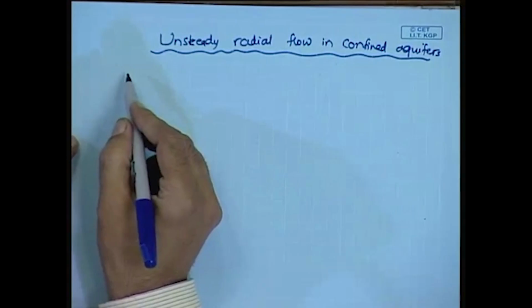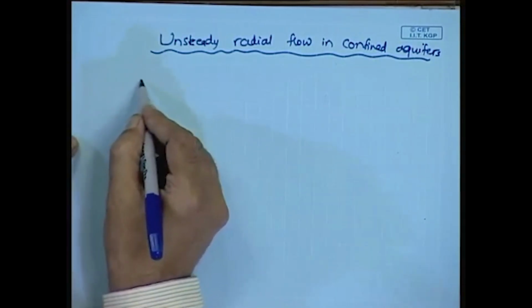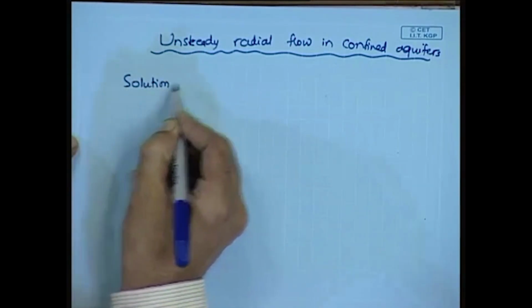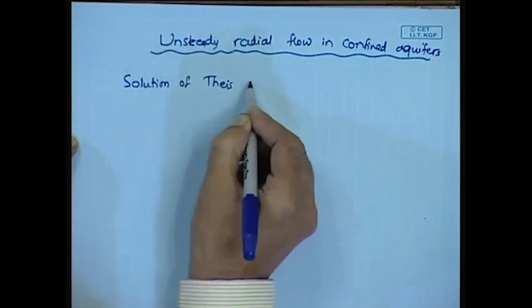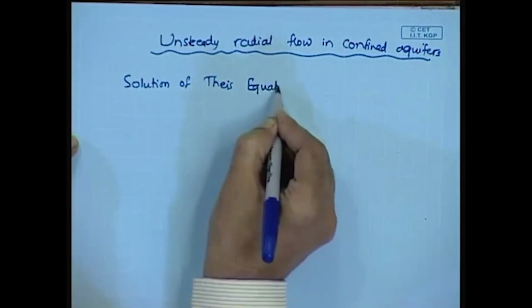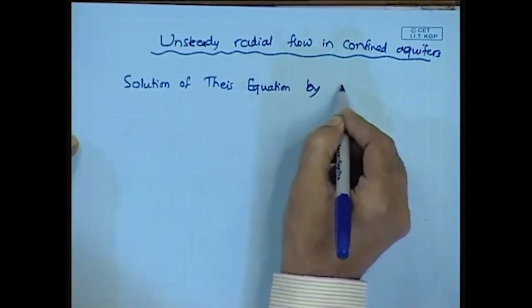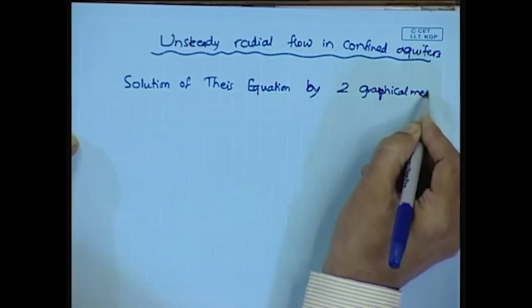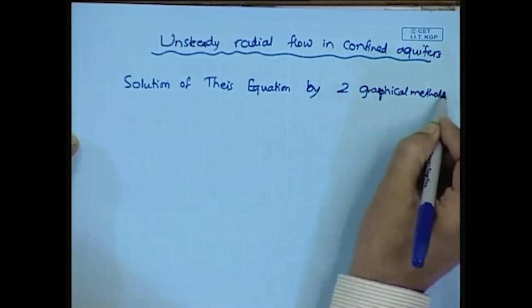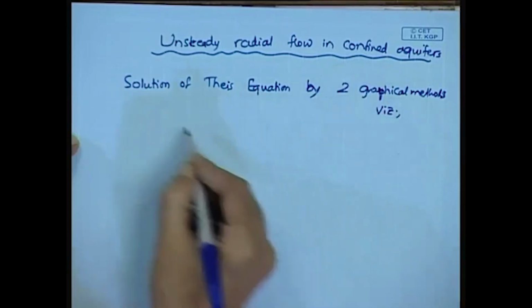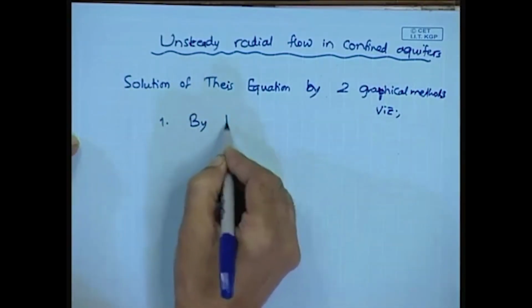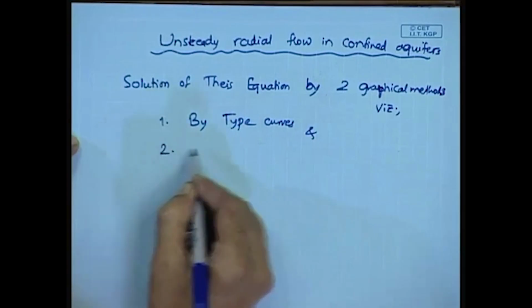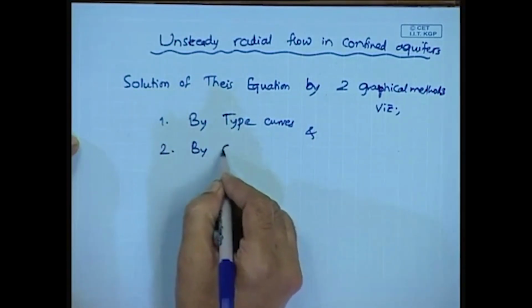So, in the previous lecture we discussed the solution of Theis's equation by two graphical methods, namely one by type curves and two by Cooper-Jacob approximation.